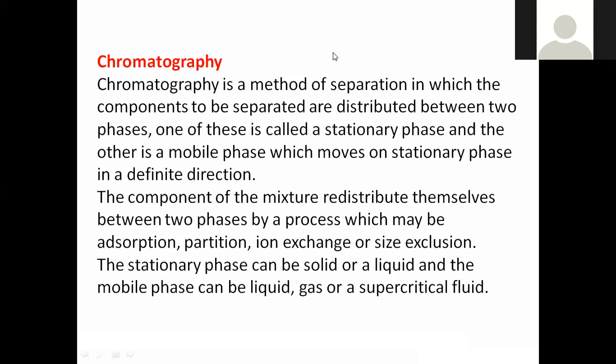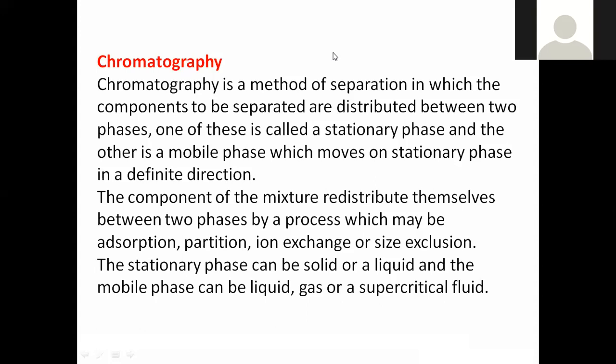The compounds are distributed into the stationary phase and the mobile phase, and they are separated. Different compounds have different distribution coefficients or partition coefficients. One of these is called the stationary phase, and the other is called the mobile phase.